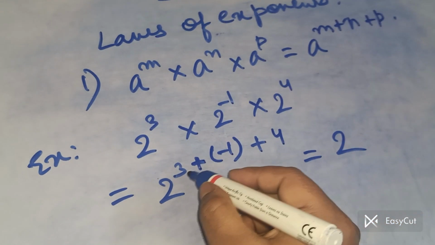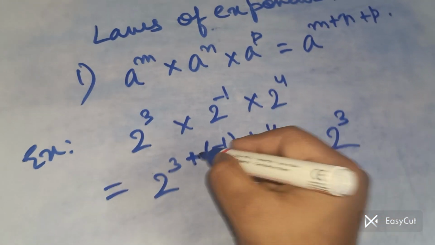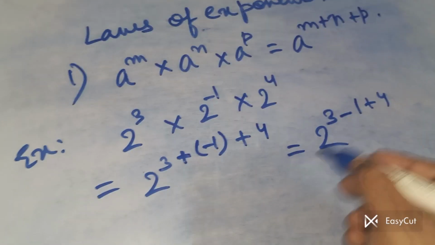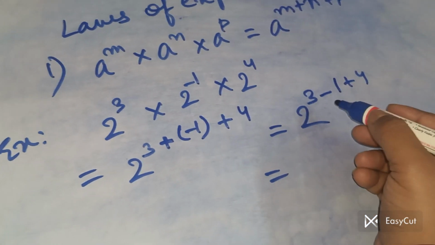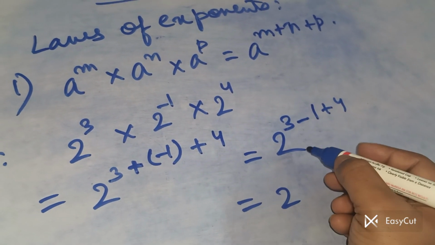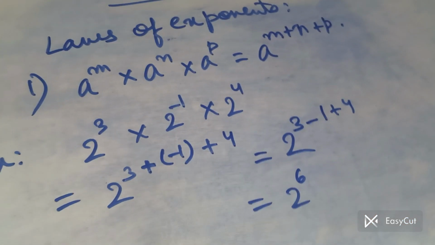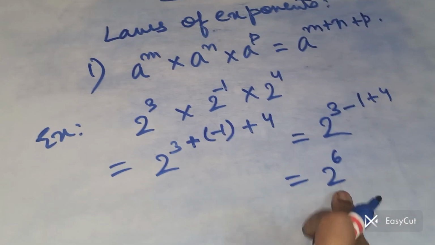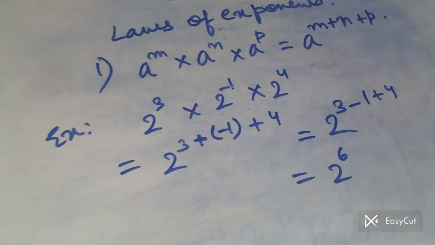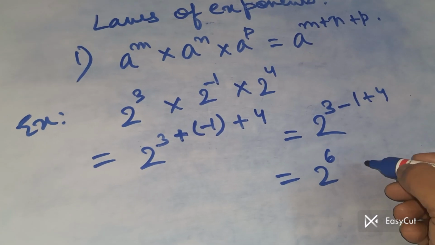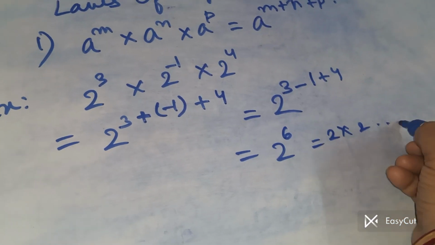Plus into minus is minus, so it is 3 minus 1 plus 4. 3 minus 1 is 2, 2 plus 4 is 6. So 2 to the power 6. You can leave the answer like this if it is asked in exponential form. And if it is asked to find the value, simplify it, then you find the value of 2 to the power 6: 2 multiplied 6 times, 2 into 2 into 2 and like that.